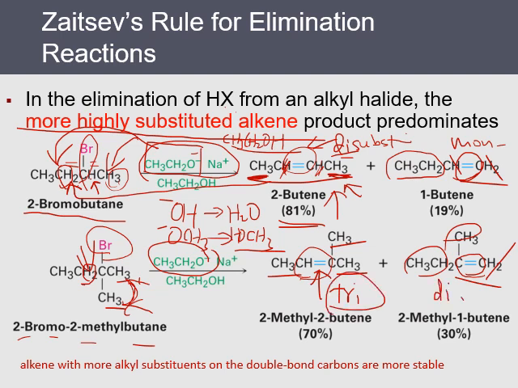Therefore, this is the more highly substituted alkene, and it's predominant, 70% instead of 30%, even though the other one comes from more hydrogens, six hydrogens. Statistically, that should give more product if they were equally important, but the results show the more highly substituted product will be the predominant product.